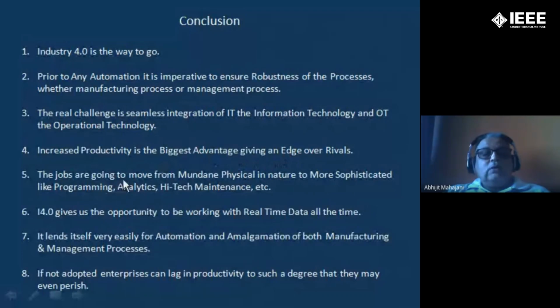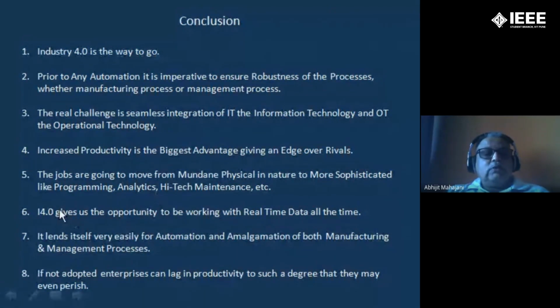The jobs are going to move from mundane physical in nature to more sophisticated jobs like programming, analytics, high-tech maintenance, etc. So people will have to change their mindset and move to a different level altogether.